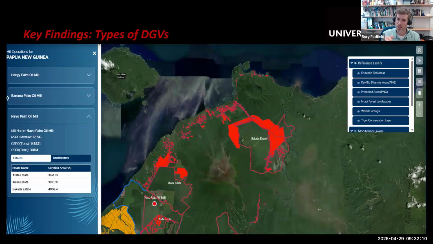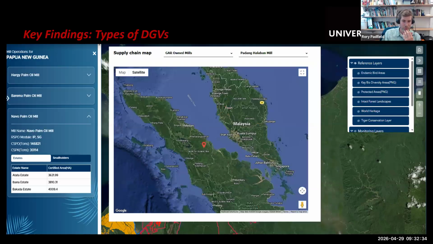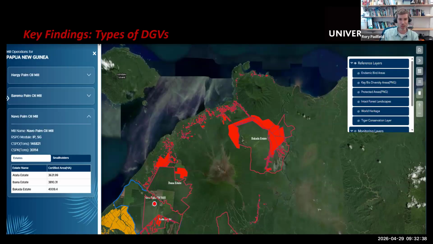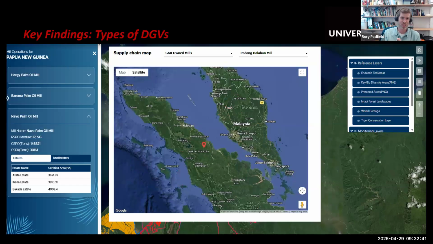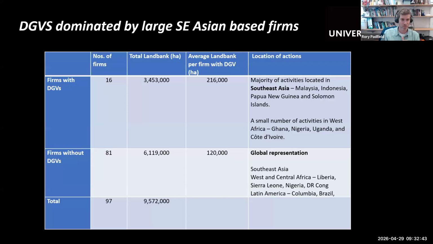And on the right-hand side, you can see that reference layer that gives you information on endemic bird areas, key biodiversity, protected areas, so forest, intact forest landscapes, etc. So a much more detailed view. You can see the scale and resource, or the thinking that's gone into actually providing that level of information, which was great. And that's just to compare back to level 1. You can see the difference between the two quite clearly just in two clicks.